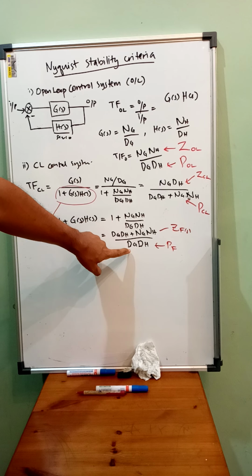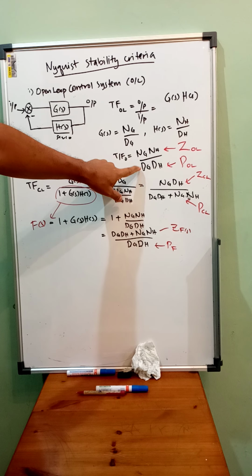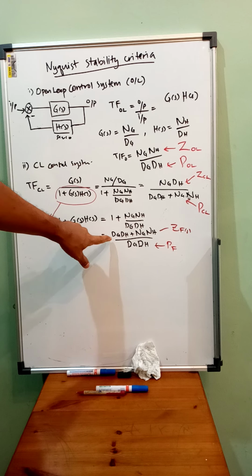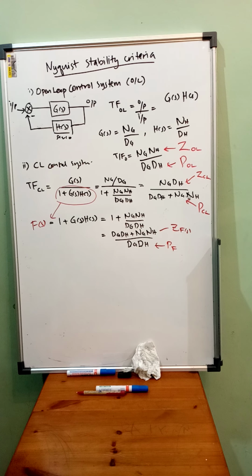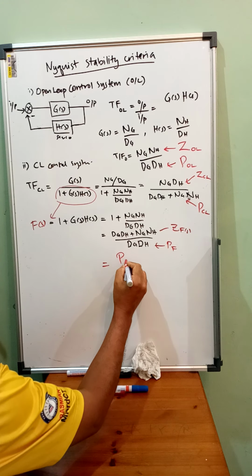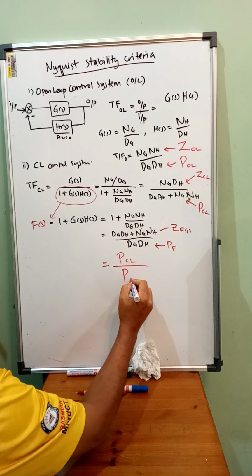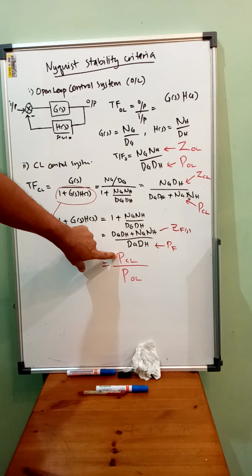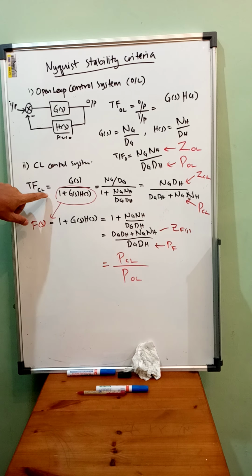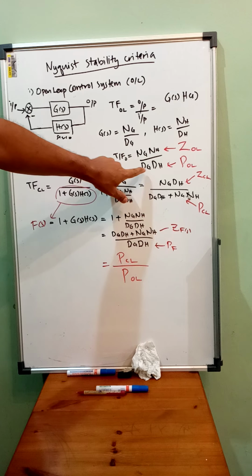The zero of F(s) is the pole of the closed loop, and the pole of F(s) is the pole of the open loop.